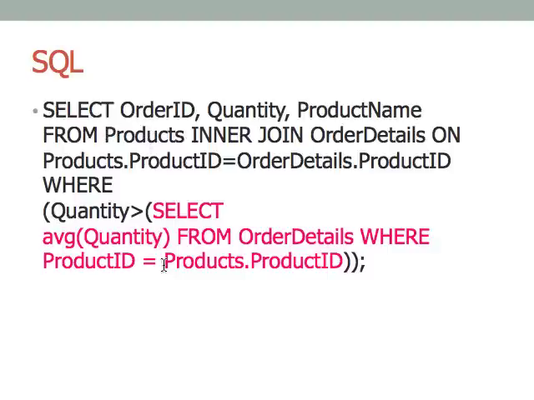So this tells you it's a correlated subquery. But why do you need it? Because we want to keep track that the average quantity that I'm calculating has to be for the same product that I'm talking about in my outer query. That's why you need that link.